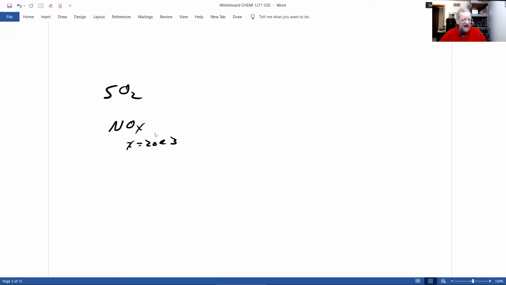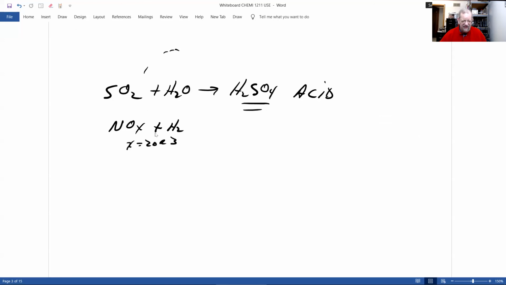And if you have sulfur dioxide going up in the air, it mixes with the water and makes sulfuric acid. And you know that's an acid. And when it mixes with the water and it rains, you have acid rain. Same thing here. This is not a balanced chemical equation. So anyways, this forms nitric acid, and that mixes with the rain.